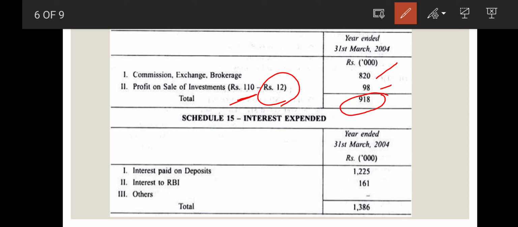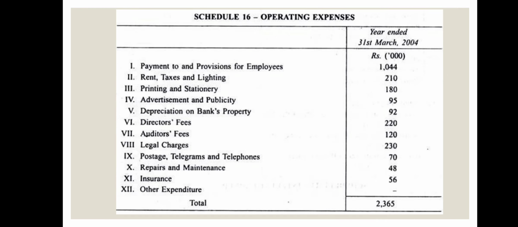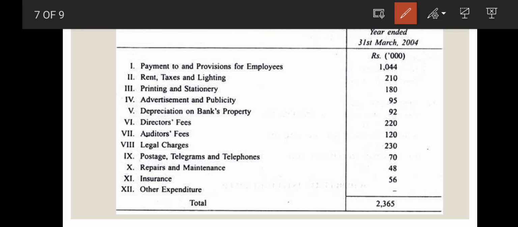Next is Schedule 15, interest expended. Interest paid on deposits 1225, interest on RBI 161. We find the total of 1386. Next is Schedule 16, operating expenses.